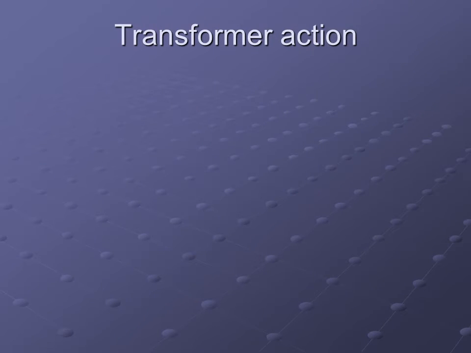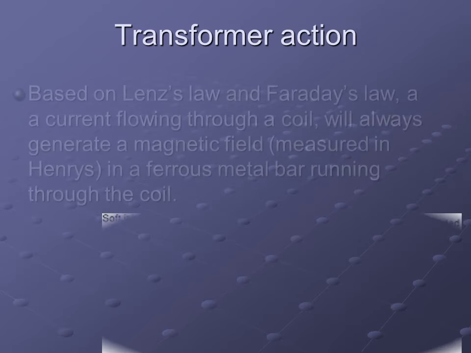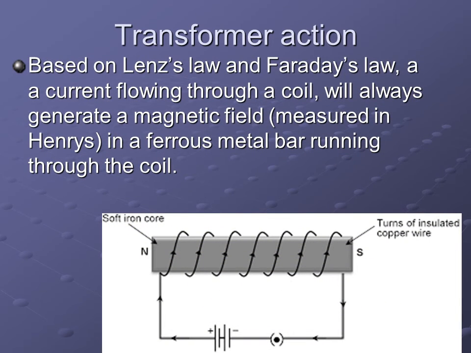Transformer action, one of the most important electrical phenomena. Based on Lenz's law and Faraday's law, a current flowing through a coil will always generate a magnetic field, measured in henries, in a ferrous metal bar running through the coil.